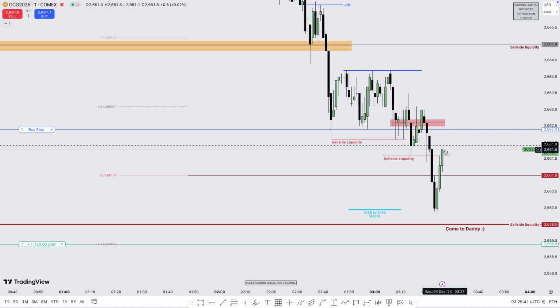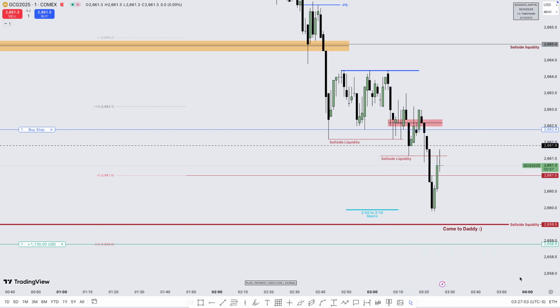If we do, I should definitely not cross and close above this CE, which is the midpoint of that week. Maybe it's confluencing with the equilibrium, or just a little bit below it. I don't want to see it come all the way up to my stop loss there if it's still bearish.